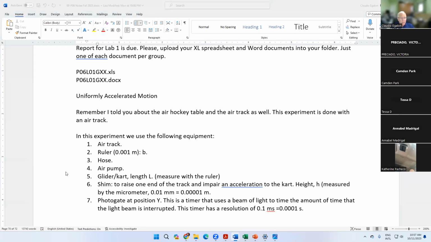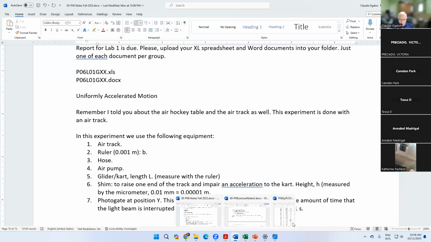This device has a resolution 100 times better than our own timers in the calculator. Okay.